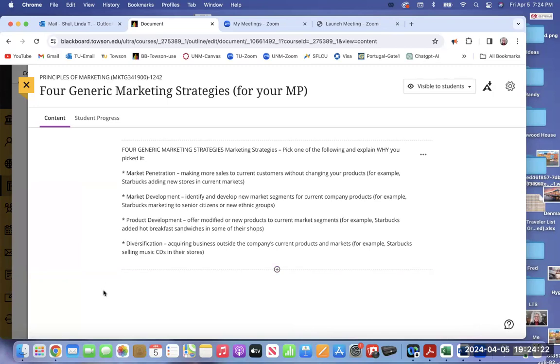I ask, what marketing strategy is your client using, or do you suggest they use? And I explain each one with an example of Starbucks because I think that's easier. So market penetration, more sales to current customers. Is that what you want to do? Or market development, identify new market segments for them.